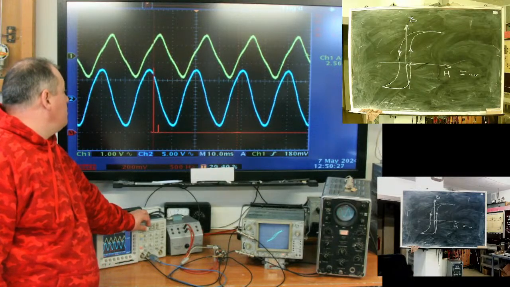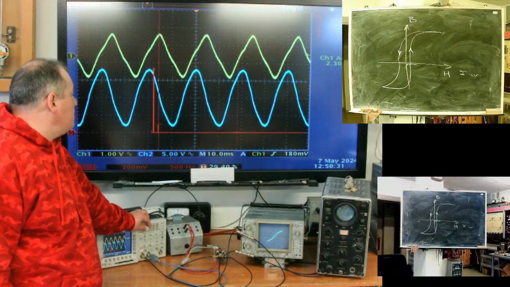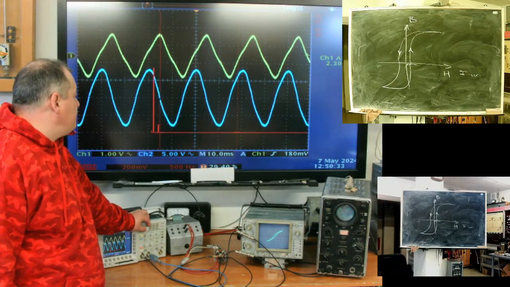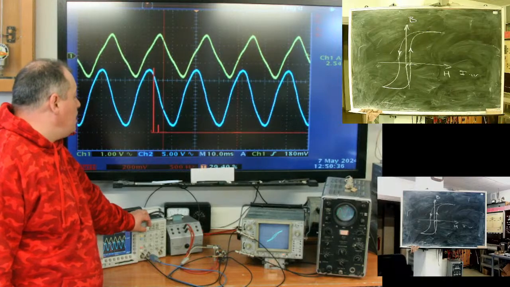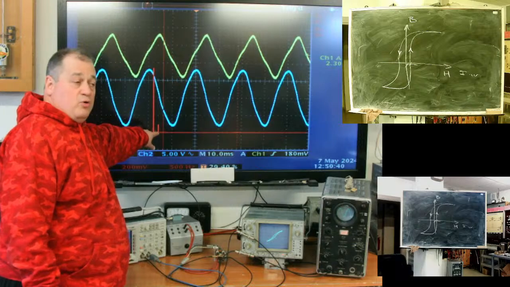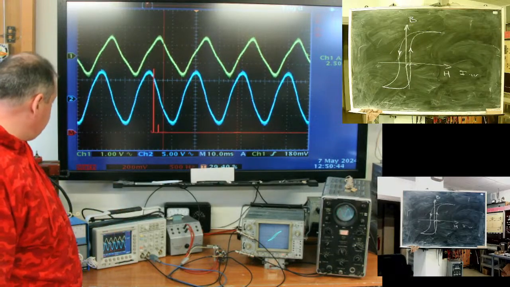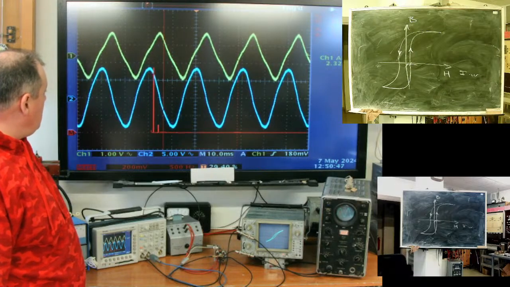First line, 50 Hertz. Second line, 150. And here small, 250. Third harmonic. It contains mostly third harmonic.